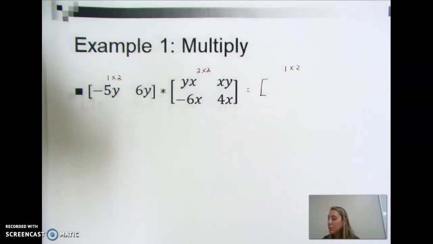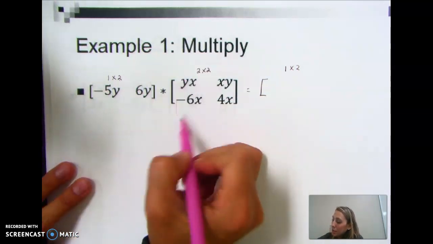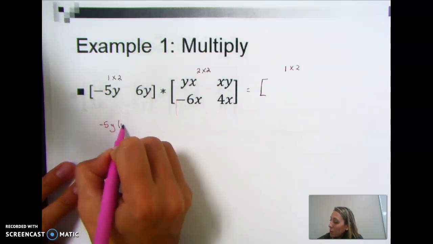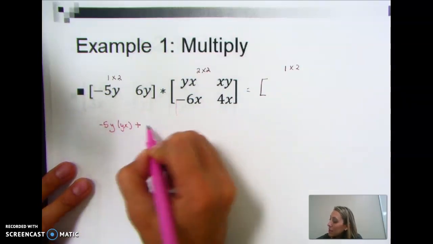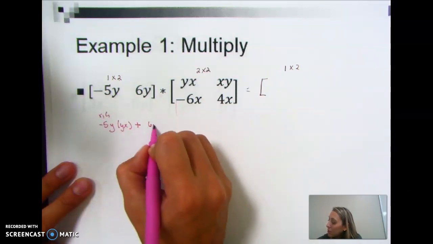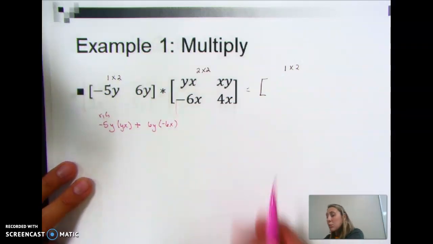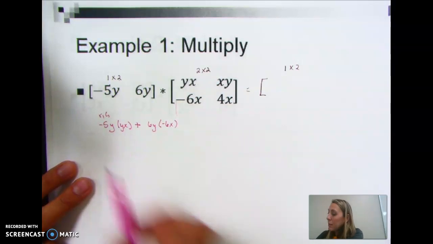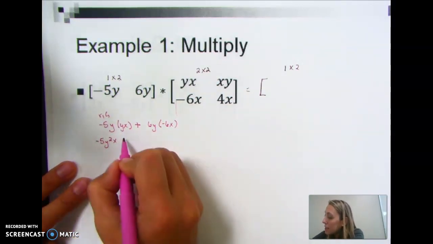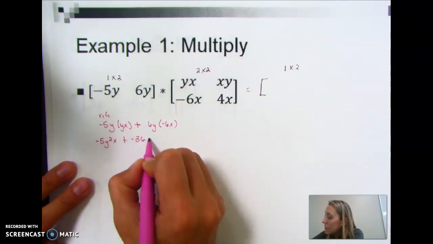The first thing we're going to do is take the entirety of this row and multiply it by this column. So I'm going to end up with negative 5y times yx plus, and this is row 1, column 1, plus 6y times negative 6x. The same rules apply. So I'm going to end up with negative 5y squared x plus negative 36xy.